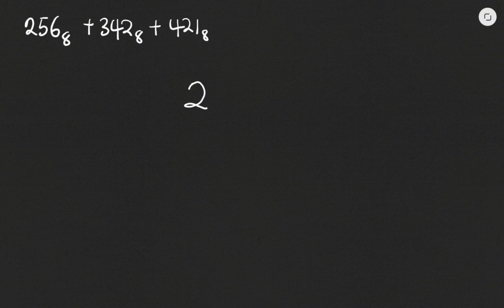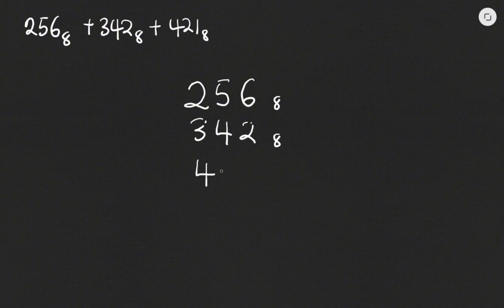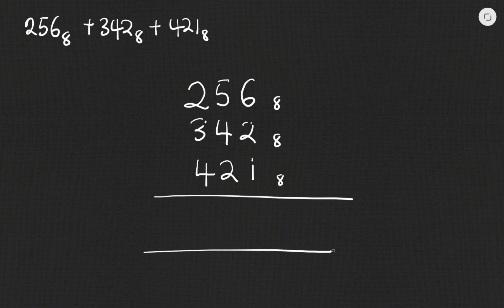So I have 256 in base 8, 342 in base 8, and then 421 in base 8. Because we are dealing with base 8, we are expecting our result to be in base 8, which means no value should be 8 or above 8.